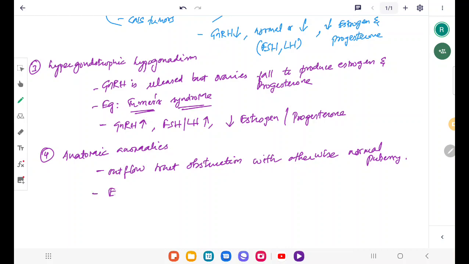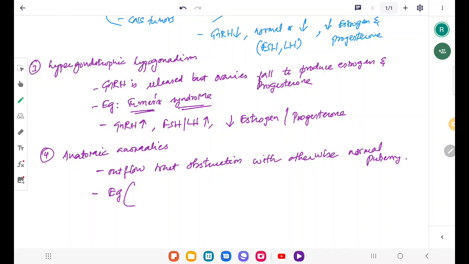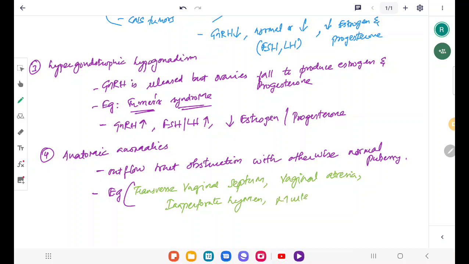The examples would be transverse vaginal septum, vaginal atresia, imperforate hymen, and some Mullerian agenesis.